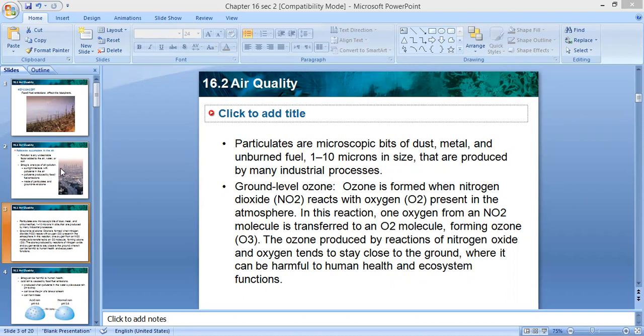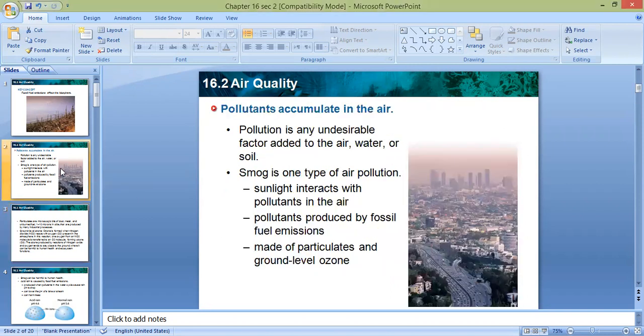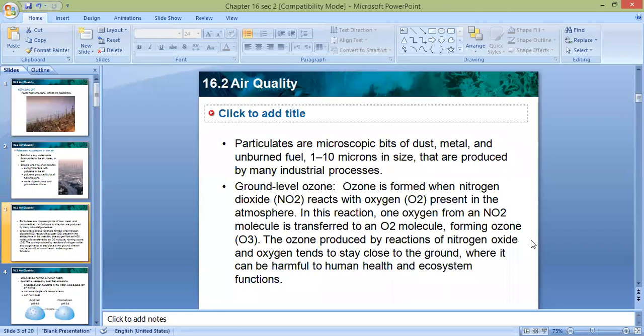No, I'm good. So again, smog is one type of air pollution. It's made of two things: particulates, which are microscopic particles like dust and pebbles, and the ground level ozone. The ground level ozone, we said, forms from a reaction between nitrogen dioxide and oxygen. Nitrogen dioxide comes from burning of fossil fuels.